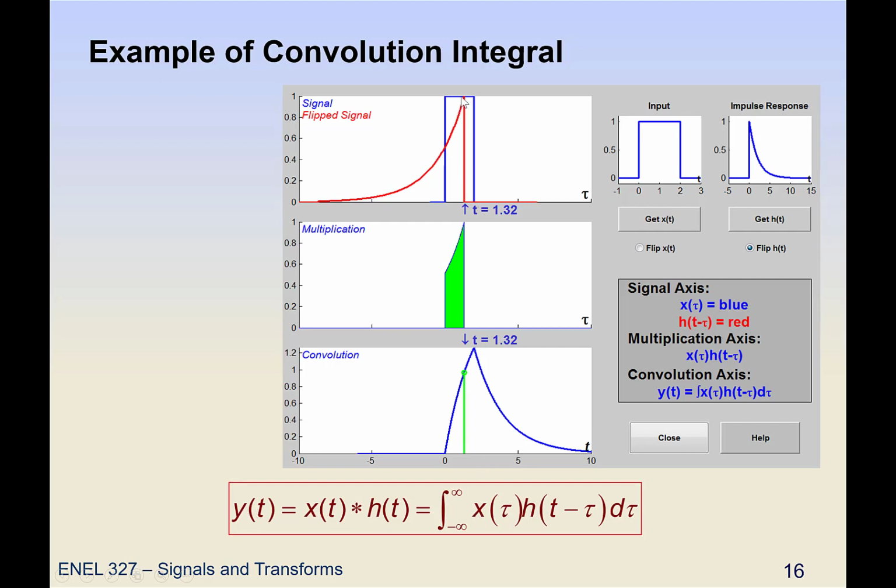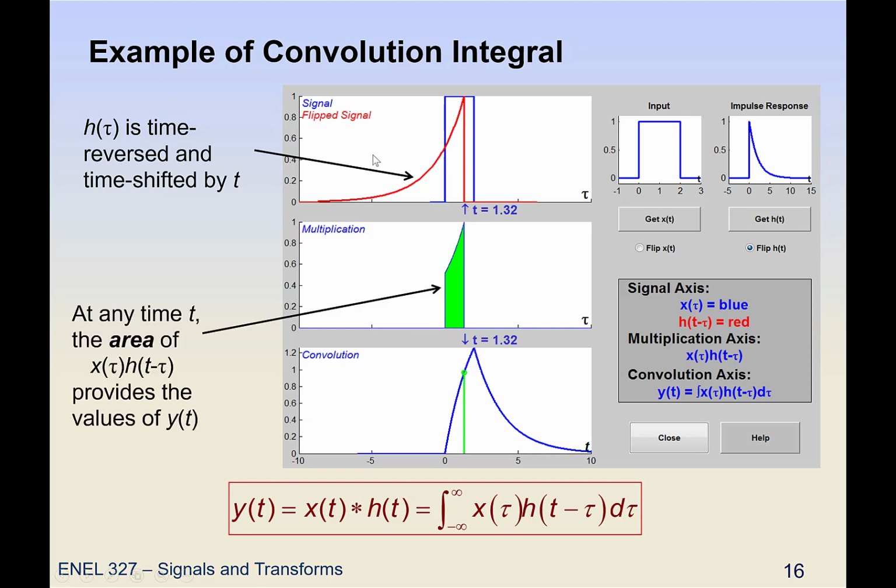And what's happening is when t is fixed, these functions overlap, but they're multiplied together, and so all we have for these particular functions is this area here. And the reason I'm indicating it as an area is because we're going to integrate it. So it's the total of this area that is actually the value of y at that particular value of t.